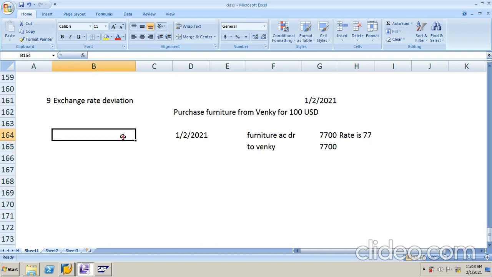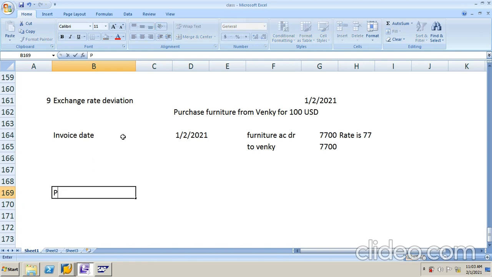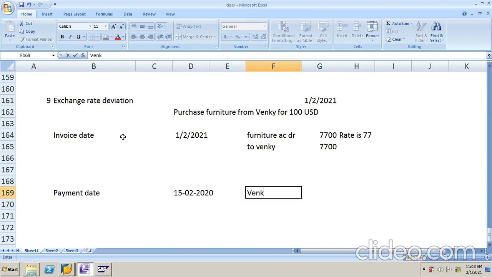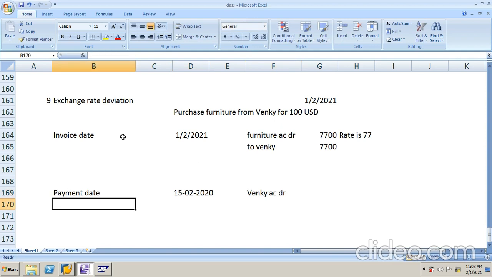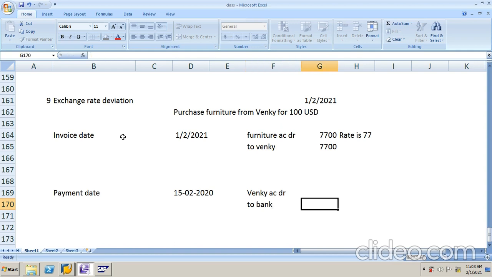So this is the invoice date. Now we are doing the payment date. Look at this: when you record the invoice, I have recorded it directly in INR.